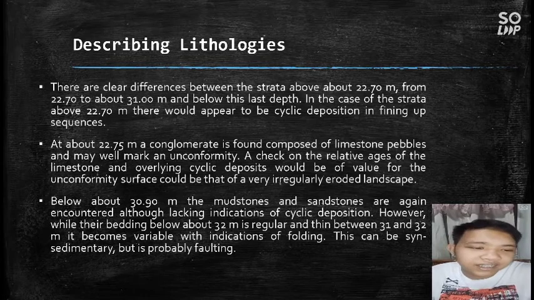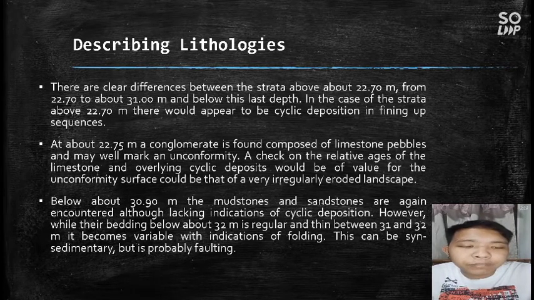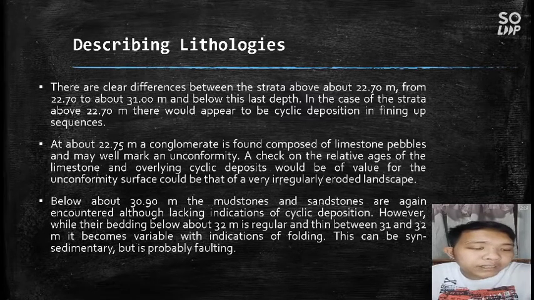And at about 22.75 meters, a conglomerate is found composed of limestone pebbles, and may well mark an unconformity. Also, a check on the relative ages of the limestone and overlying cyclic deposits would be of value for the unconformity surface, wherein it is a very irregularly eroded landscape.